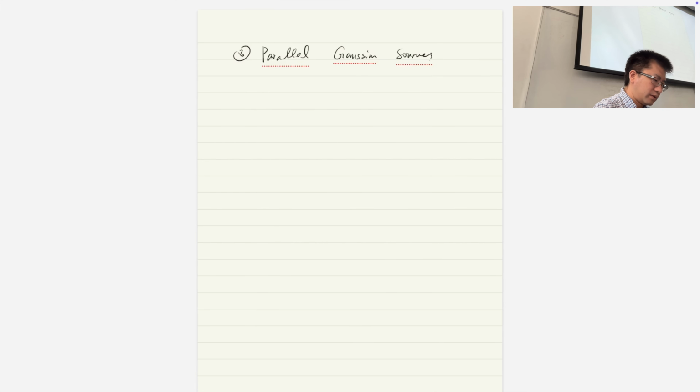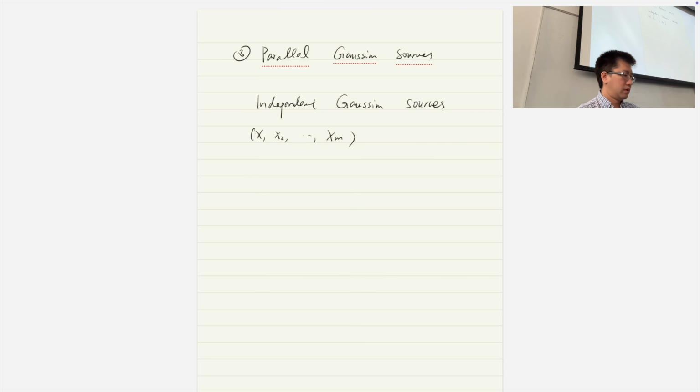Okay, so consider independent Gaussian sources, X1, X2, up to Xn. And we assume that each Xi follows a Gaussian distribution, 0, sigma i squared, and that they're independent. So equivalently, what we consider is a Gaussian vector, but the covariance matrix is a diagonal matrix.